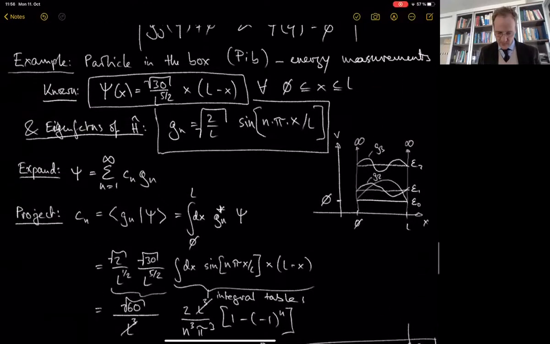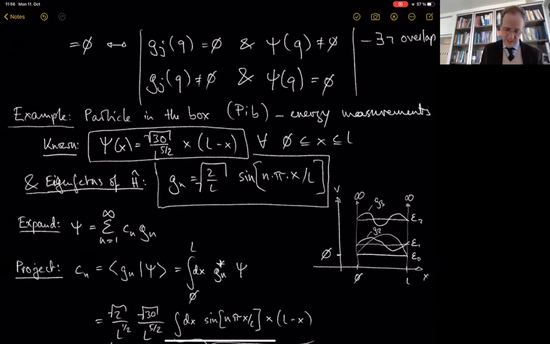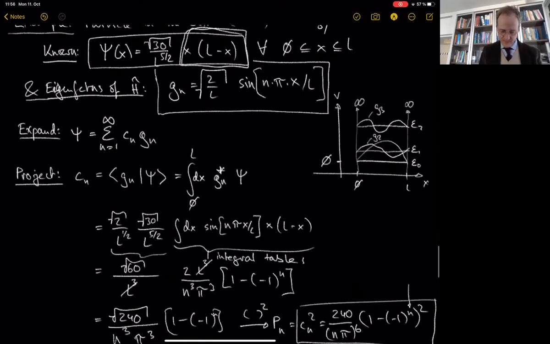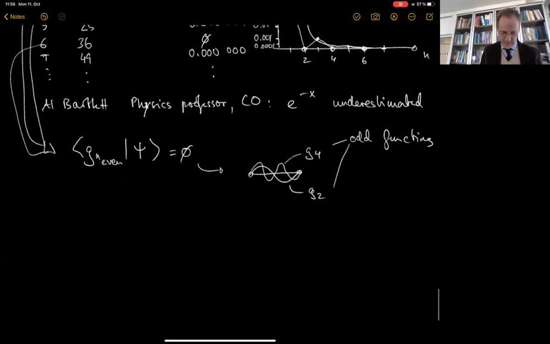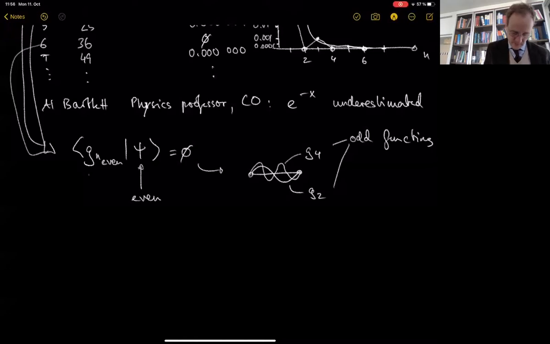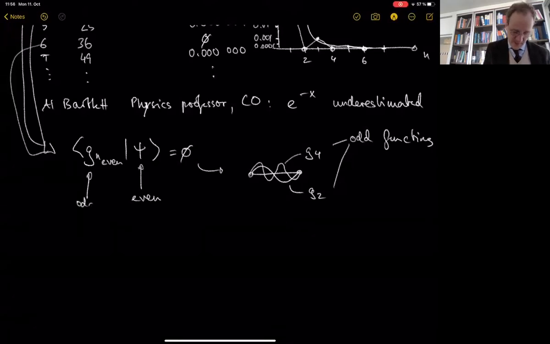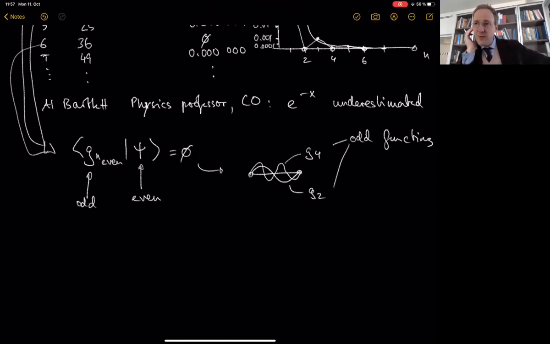Psi, if you scroll up, has x squared in there. Even function, sorry, psi must be an even function. And there's an odd function, so your overlap integral must be 0 due to symmetry.